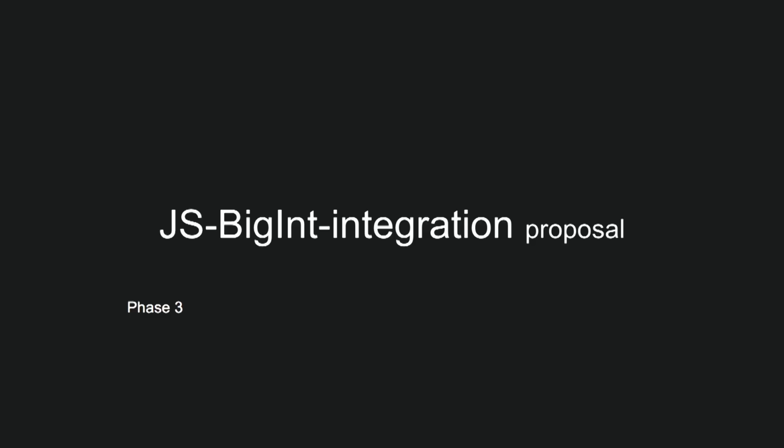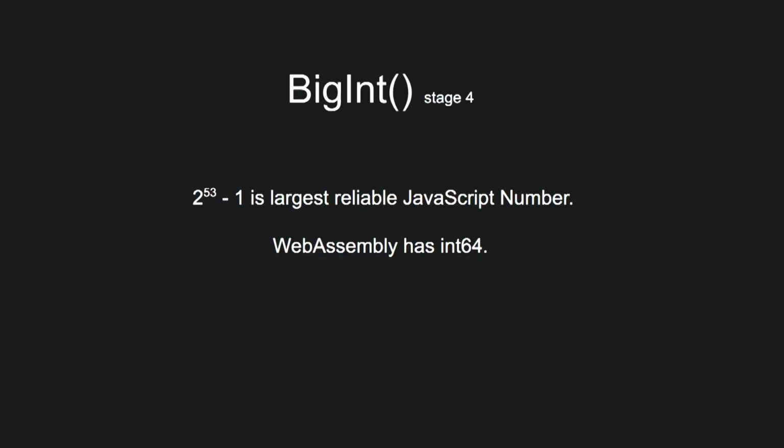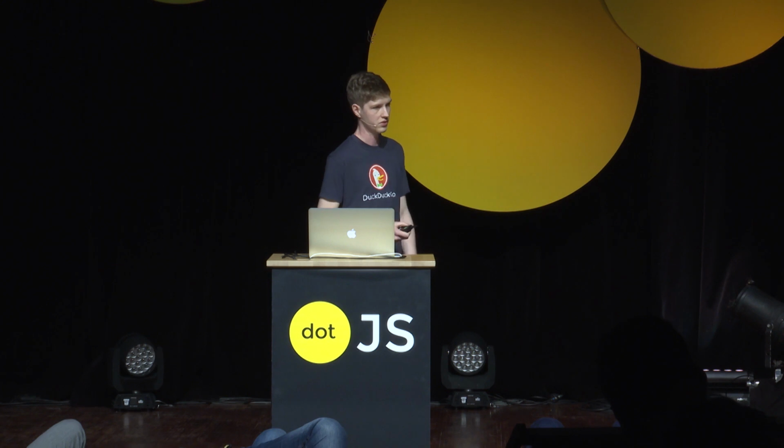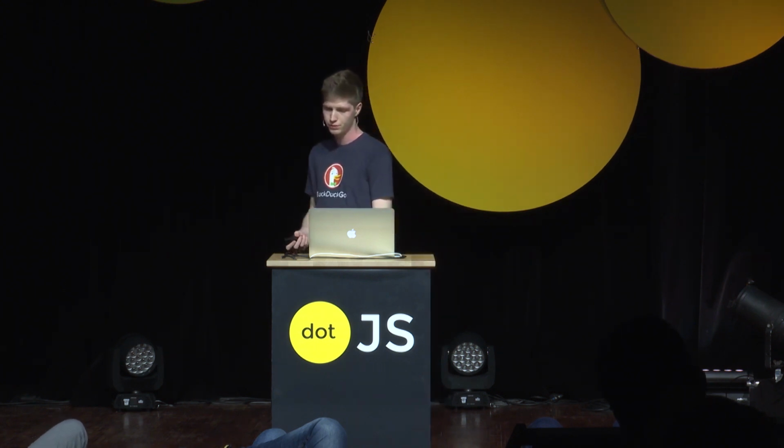Lastly, you have the BigInt integration. It's phase 3 in the WebAssembly process, very close to being standardized. If you are not aware of the BigInt object in JavaScript, it's kind of new. The background of it is that JavaScript only has float 64-bit numbers, which means that you cannot represent WebAssembly int 64-bit in JS.